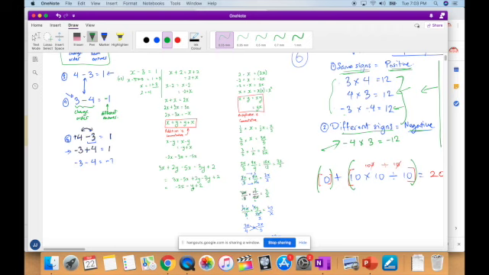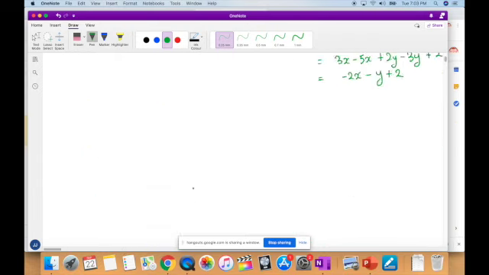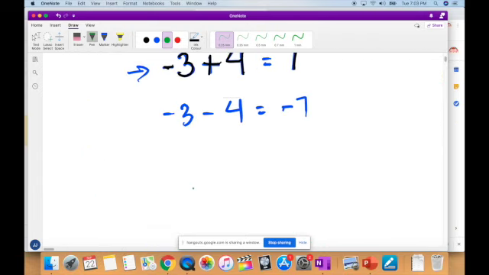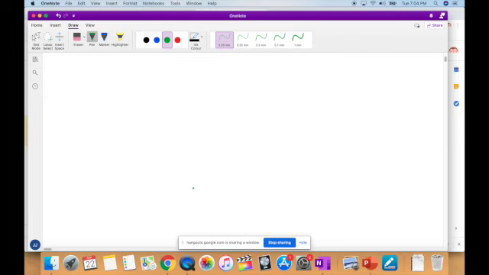Right. So let's just talk about this other thing that you all should know about. It's called the Distributive Law.